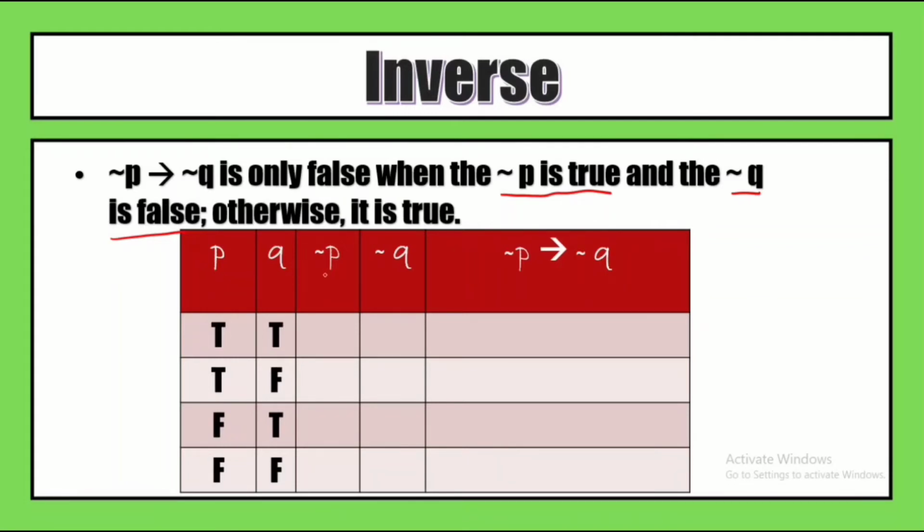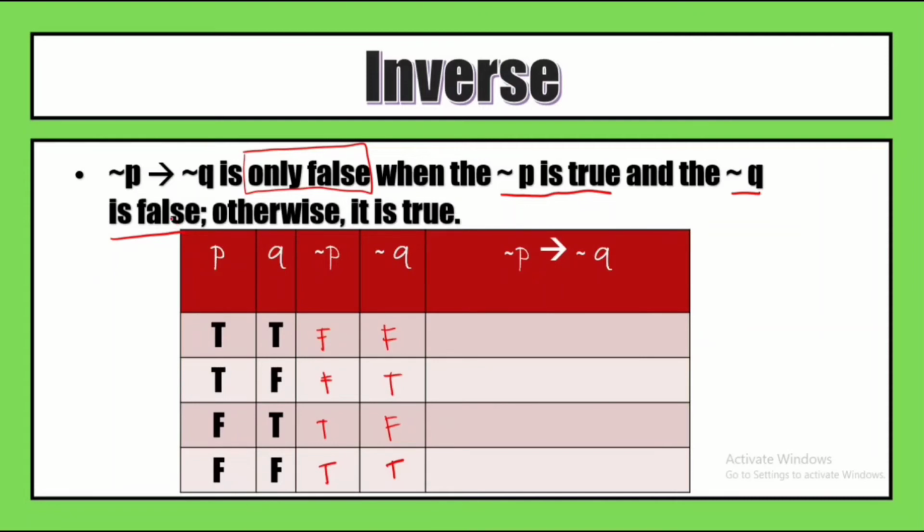Okay? So, the negation of P, so we have false, false, true, true, and the negation of Q is false, true, false, and then true. And then after that, kapag meron na tayong negation, pwede na tayo magsagot under of the inverse. Okay? Sabi sa inverse, only false daw po tayo when the negation of P is true and the negation of Q is false.